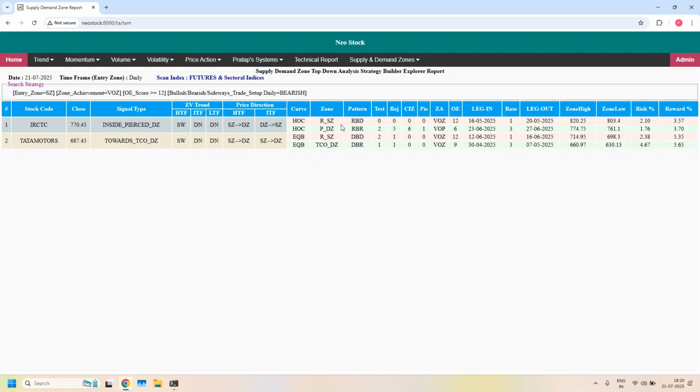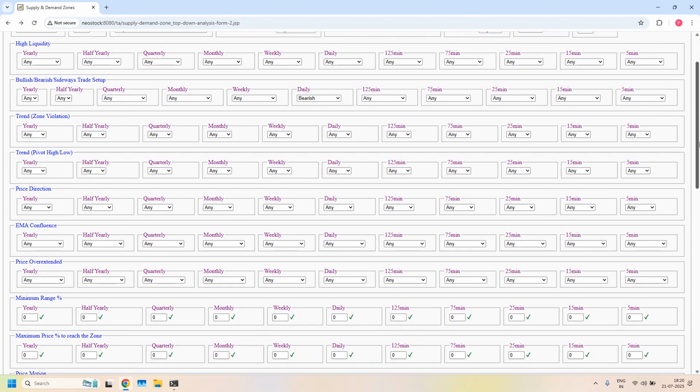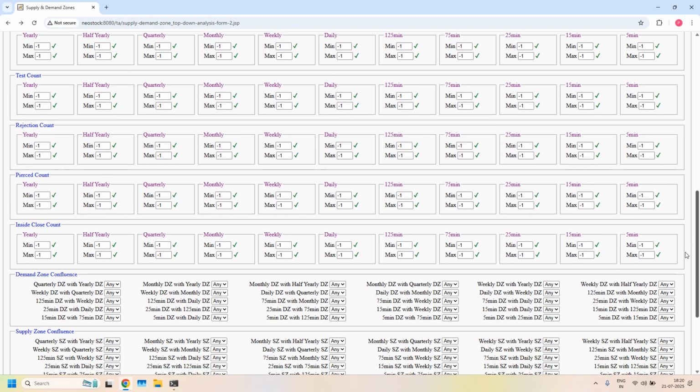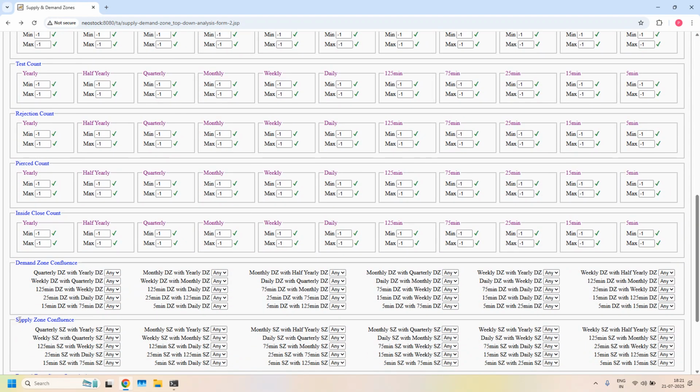Let's verify the high probability trade setup related scenarios in both these zones. As we already discussed in the bullish trade setup, similarly here also the rules are applied, but on the supply zones. The first filter is daily and weekly supply zone confluence. So in the supply zone confluence filter, I am enabling the filter daily supply zone with weekly supply zone. That means the daily supply zone should overlap on the weekly supply zone.